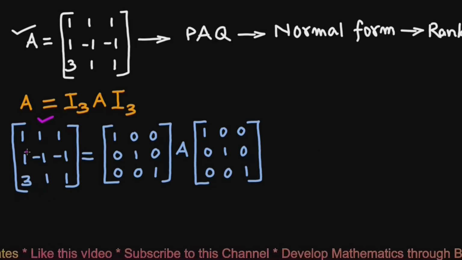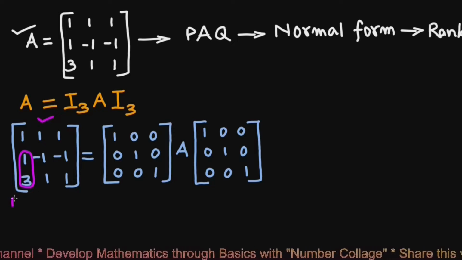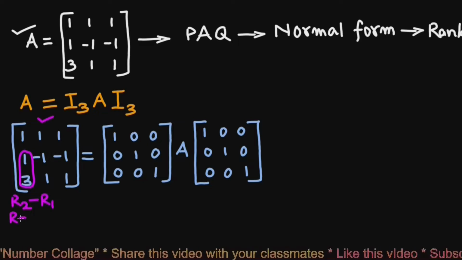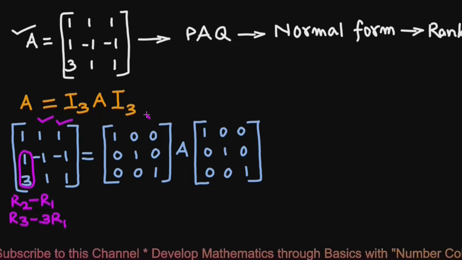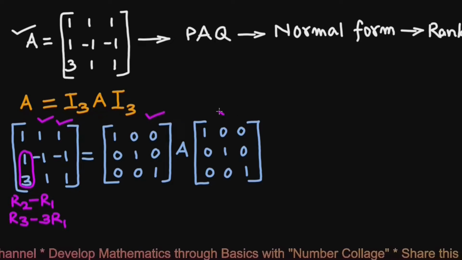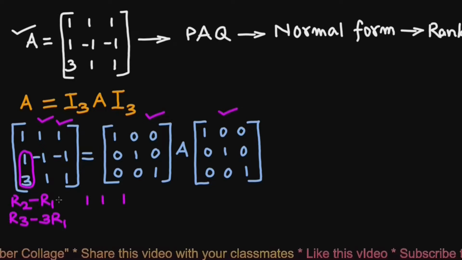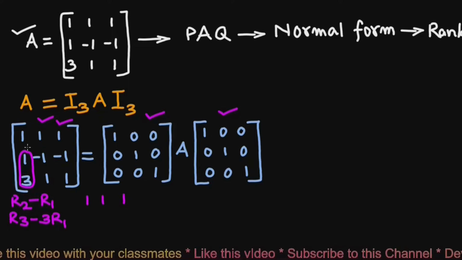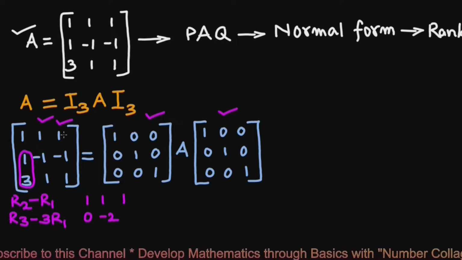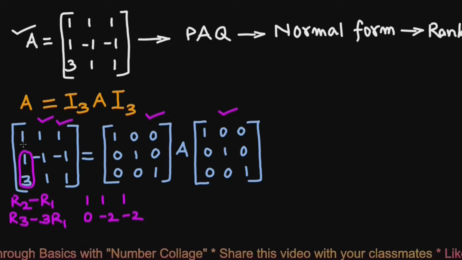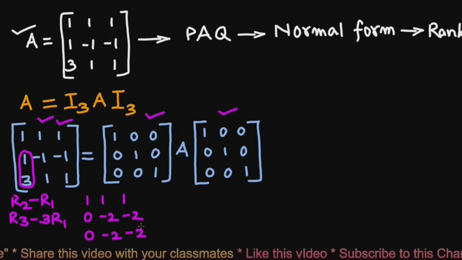So first we will reduce these two elements to 0. For that we will perform row transformations R2 - R1 and R3 - 3R1 on A, and the same row transformations on this prefactor, and we will write this postfactor as it is. So we write the first row 1 1 1 as it is, then R2 will be 1-1=0, -1-1=-2, -1-1=-2. R3 will be 3-3=0, 1-3=-2, 1-3=-2.